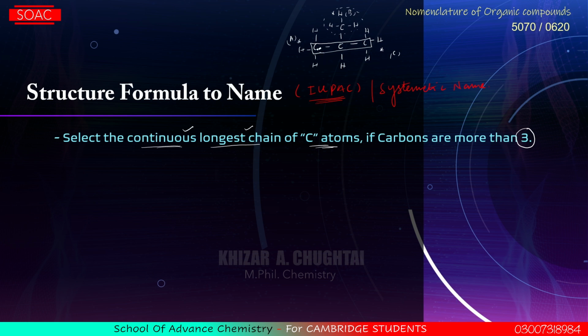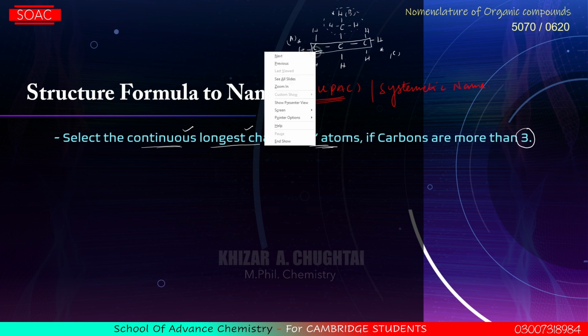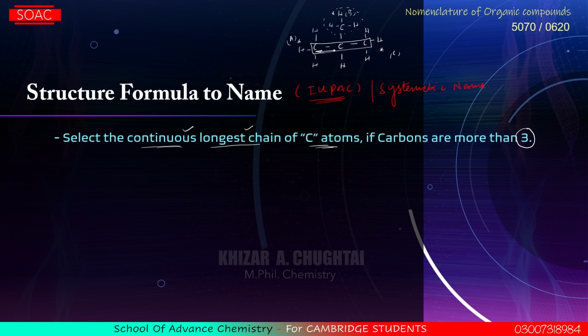So whenever we move from A to C, 1, 2, 3, 3 carbons are lying in our road and we cannot move back or lift our pen. The simplest method is to move from one carbon to the other carbon and check how many carbons are lying in that road, in that chain, in that route, you can say.